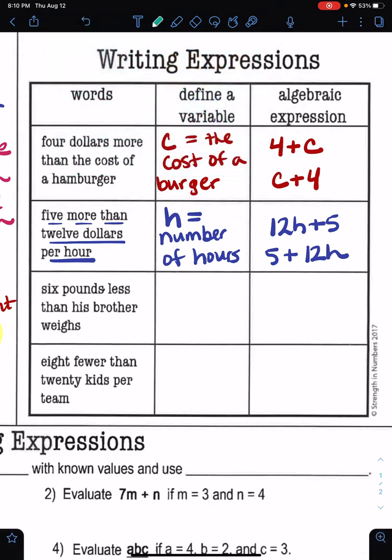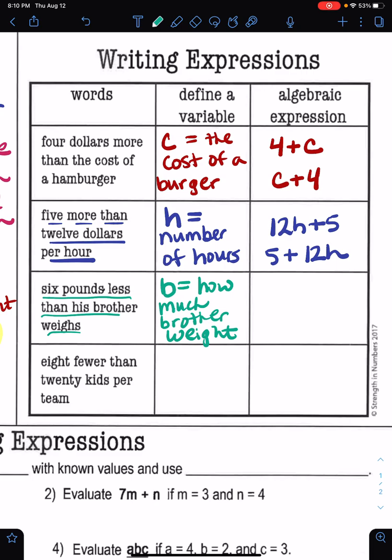All right, moving right along here. 6 pounds less than his brother weighs. So we could have B be how much brother weighs. All right, so if you weigh 6 pounds less than your brother, you aren't going to do 6 minus how much your brother weighs, right?